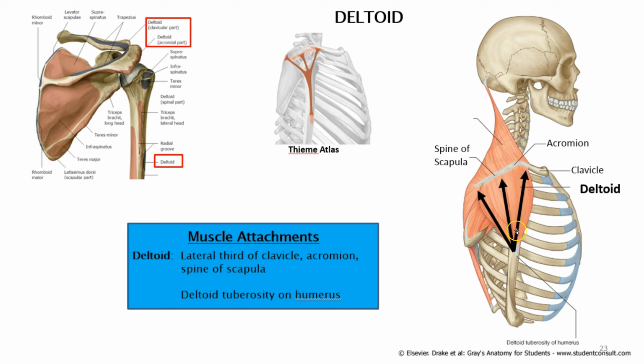So moving down in this area, these fibers will be able to flex the shoulder, so bring the shoulder forward. If the shoulder was positioned forward, let's say like that, these fibers would be able to pull the shoulder back. So the anterior fibers would be able to flex the shoulder, and in a flexed position the posterior fibers would be able to extend the shoulder.